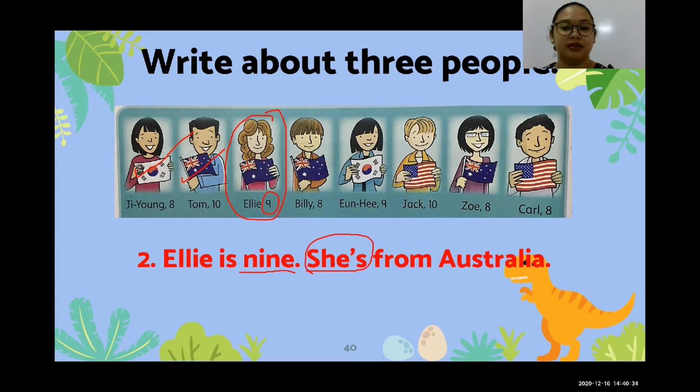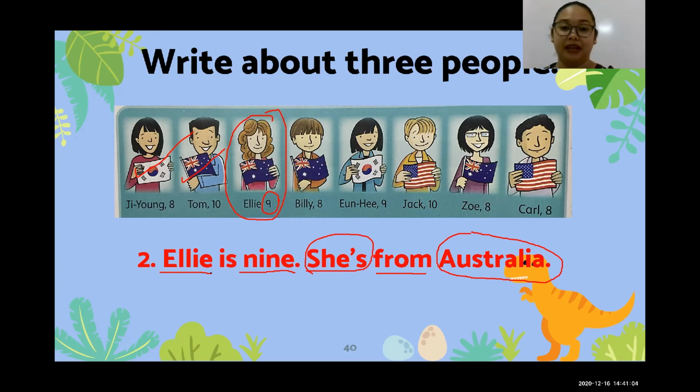Okay? She is referring to a girl. She, and then the short form of is, she is, we use apostrophe S. She's from which country? From Australia. She's from Australia. So this is how you are going to write about 3 people. First, you have to write their name, of course.